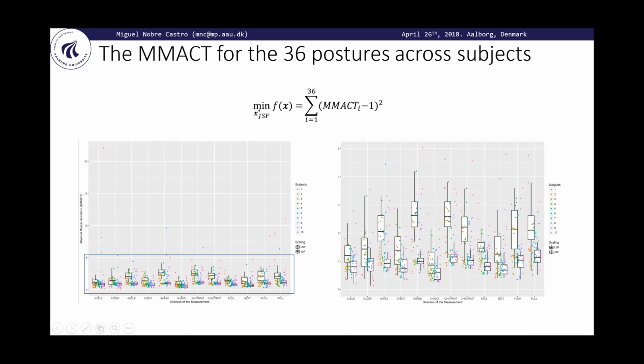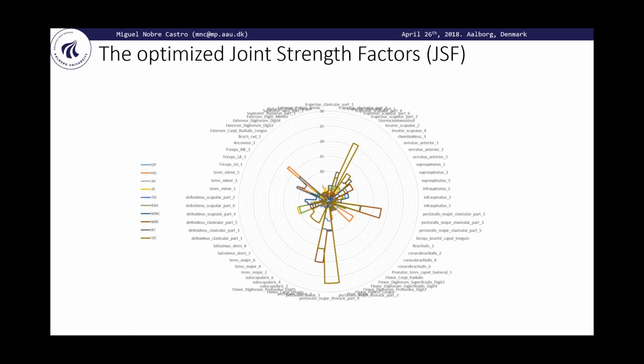So that's a plus. However, if we look into these joint strength factors, when they are pre-multiplying each one of the nominal strength values that are obtained in the literature, we get a bit surprised in the sense that some of these muscles are required to have, let's say, 10 to 20 to 30 times the strength that they have in the literature.